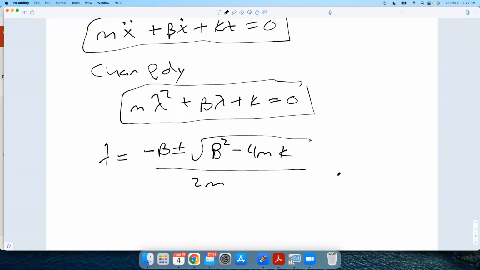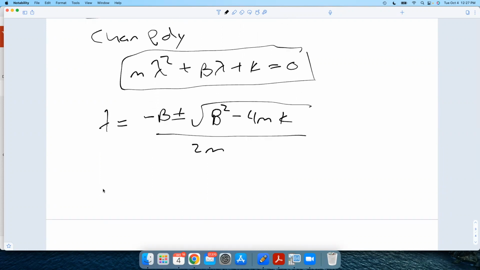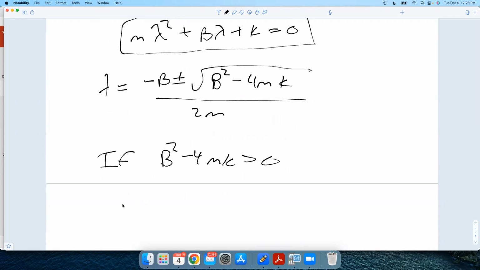There's our general solution for lambda from our characteristic polynomial. Now, if the discriminant is positive, we get two real solutions.